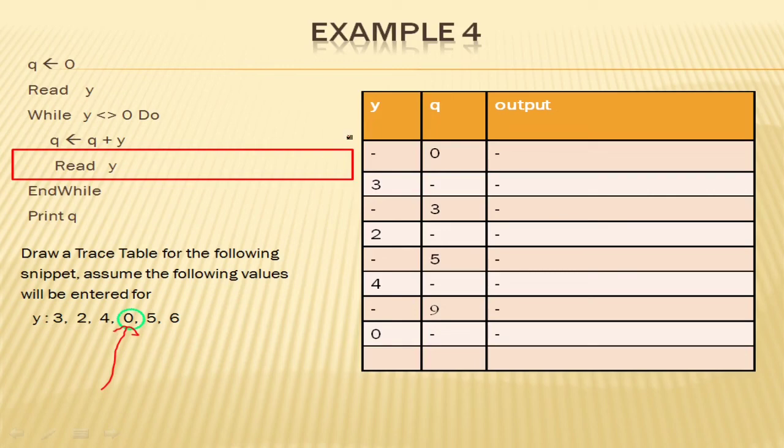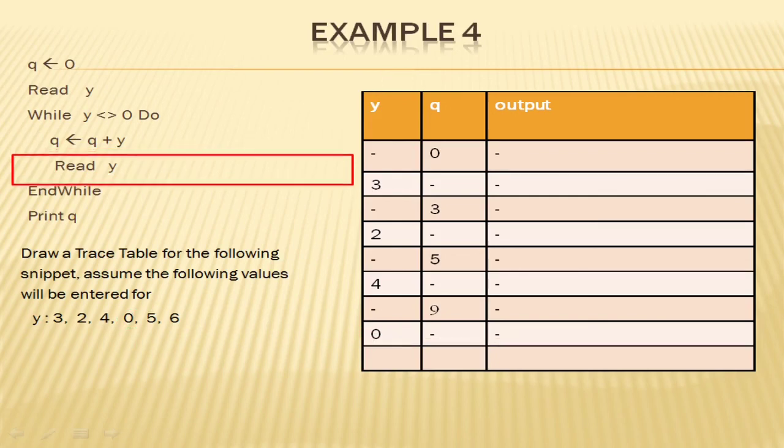Hence under the y column I have 0 for this line. There is no value for q in this line, so I put a dash. There is no output statement in this line, so I put a dash, or I could leave it blank if I want. Now based on how the while loop works, it's going to jump back to the beginning or the start of the while loop.